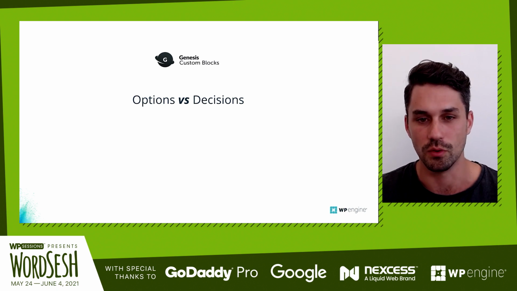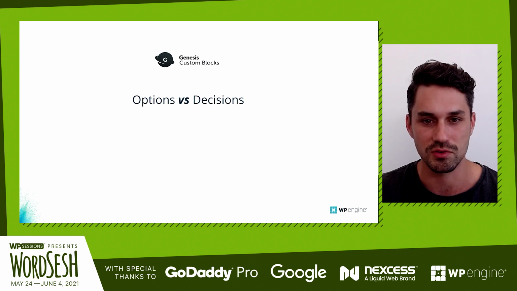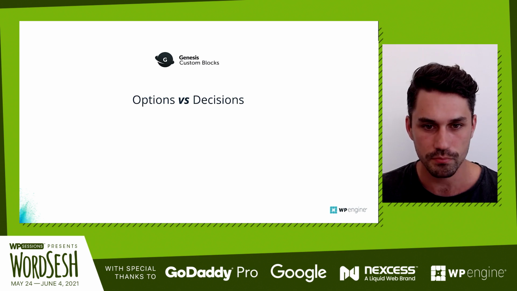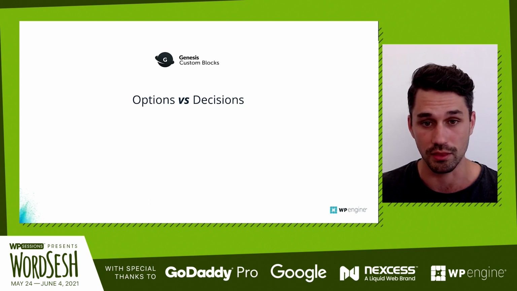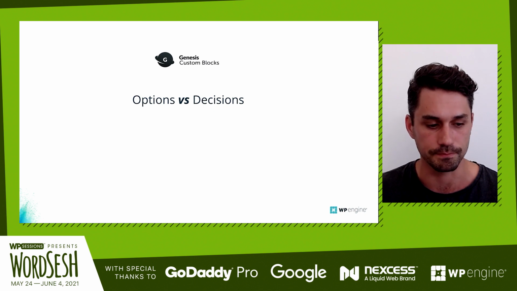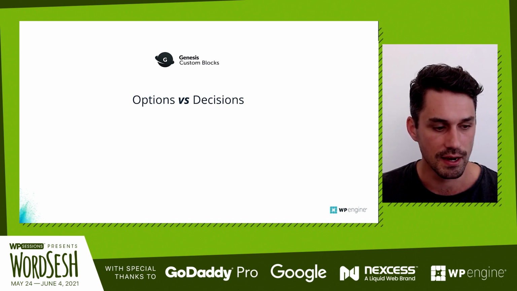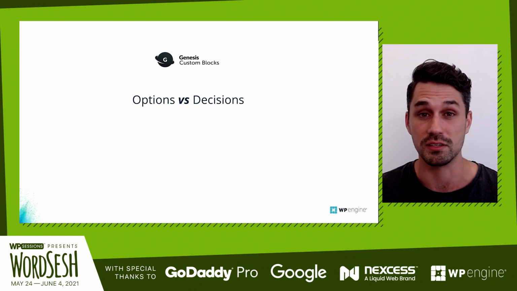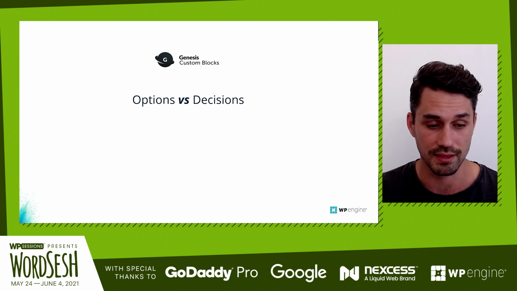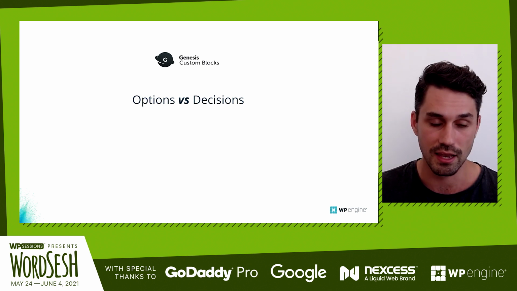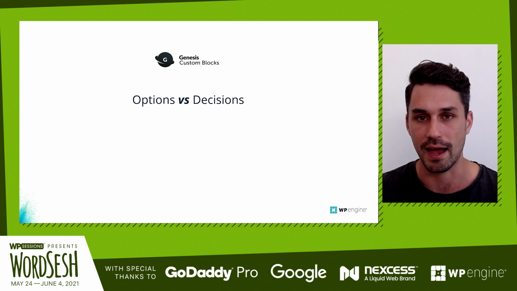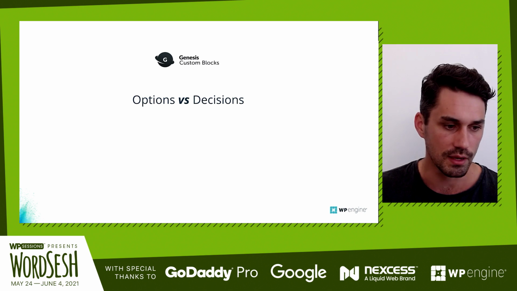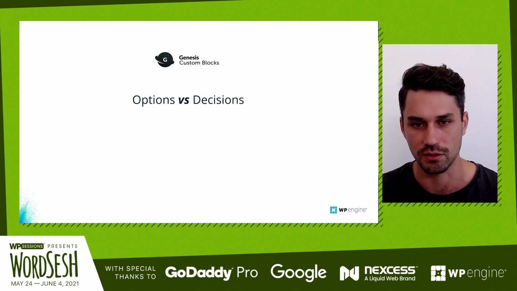One final thing that's worth throwing in here is the whole options versus decisions paradigm. Now, page builders are fantastic and they belong in the WordPress ecosystem and have a strong future. I really believe that. But I've also seen instances, even with some core blocks, where the end user, the content creator, is intimidated by all of the options they have around styling and content configurations and all sorts of things.